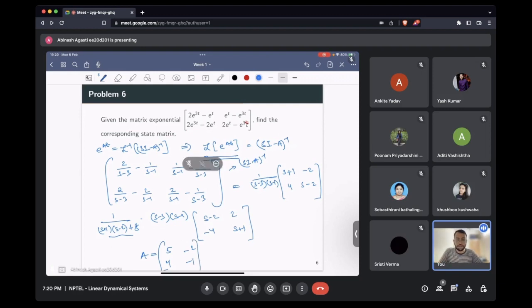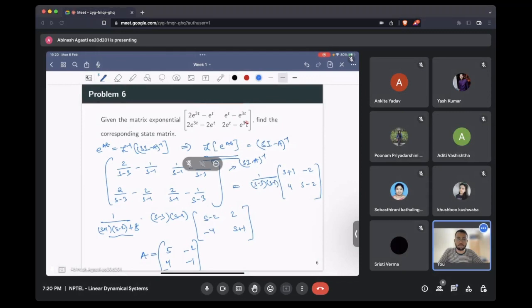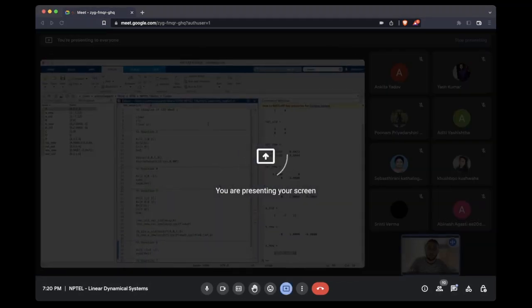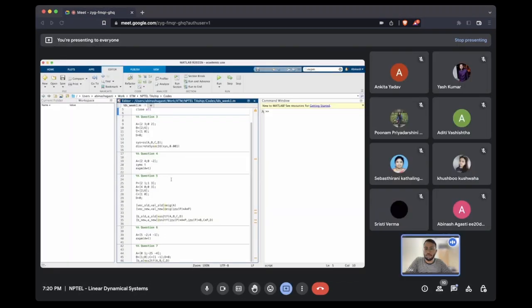Now, just to verify if we are correct or not, let's try it out in MATLAB. Okay, we clear everything out. Then I have this. This is the matrix that I found out.